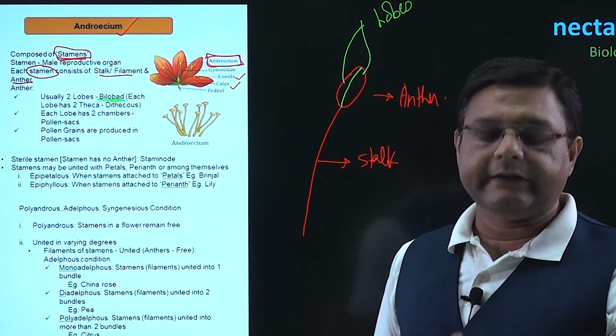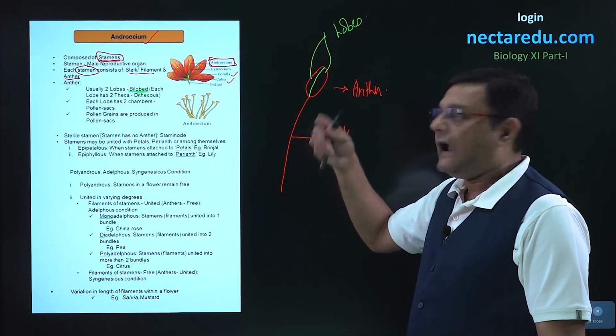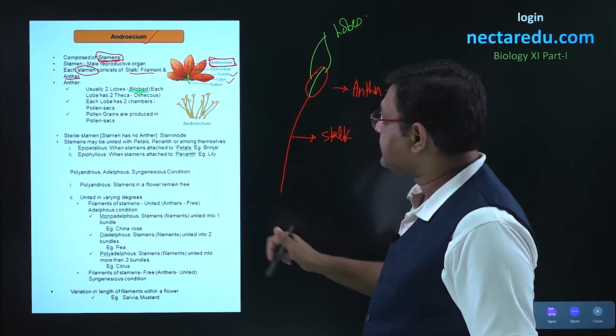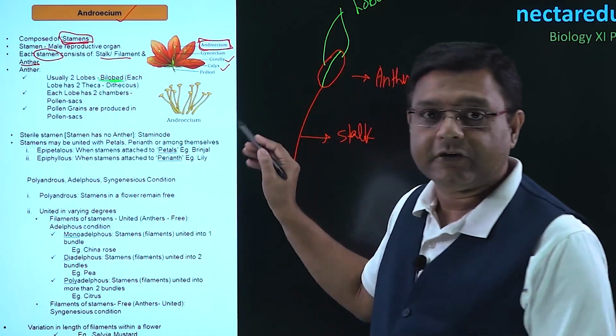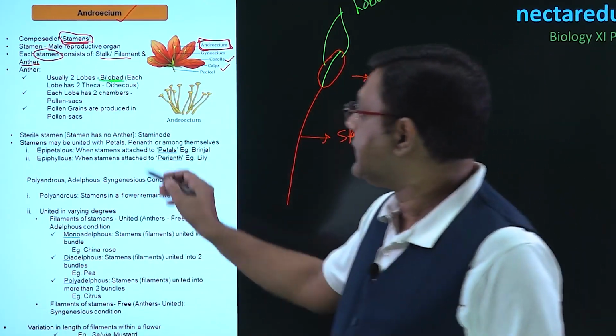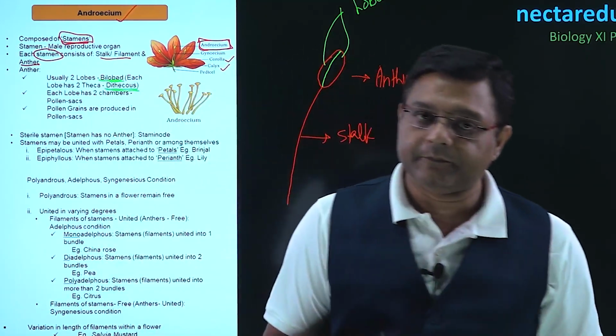So in all there will be four theca present in this anther, and this condition is called dithecous condition. So in this case we have bilobed condition, two lobes. Each lobe further has two theca. So again the condition is called dithecous condition.